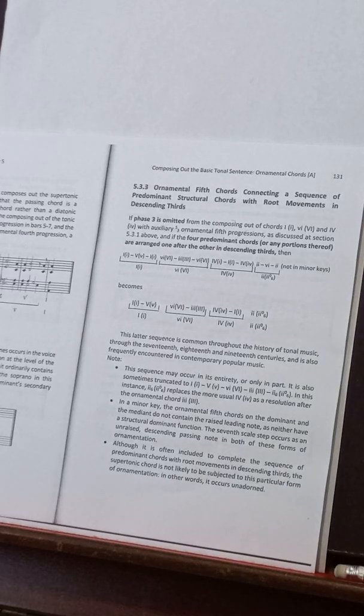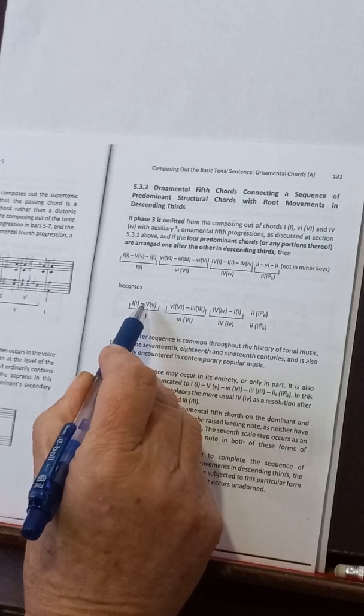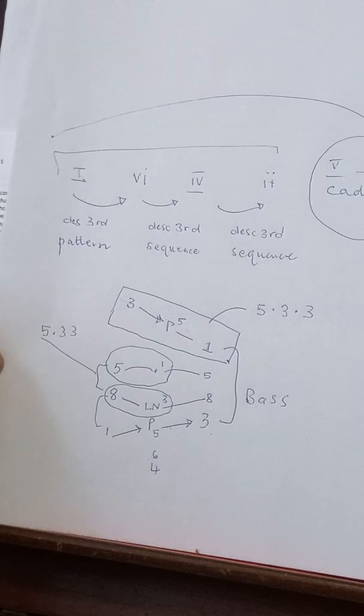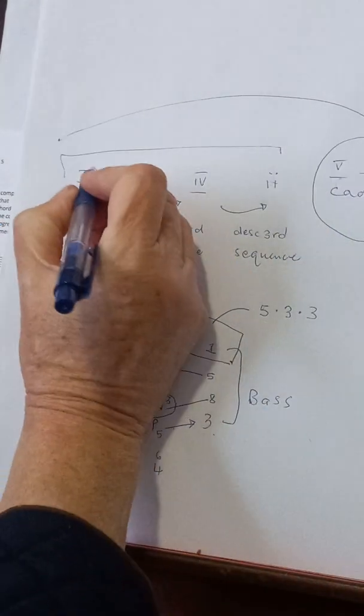Also, you have to remember that that is not a structural dominant. It's an ornamental dominant. The place where the structural dominant happens in a minor key in this progression is once it has ended. That's the dominant. There it is. The dominant is not there.